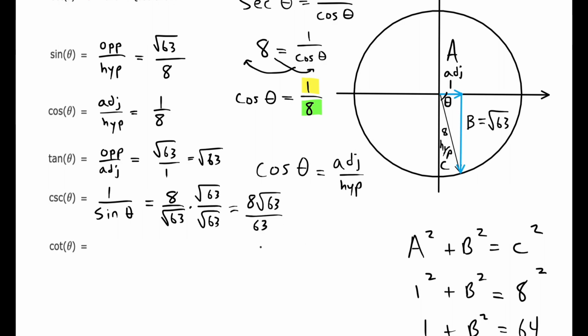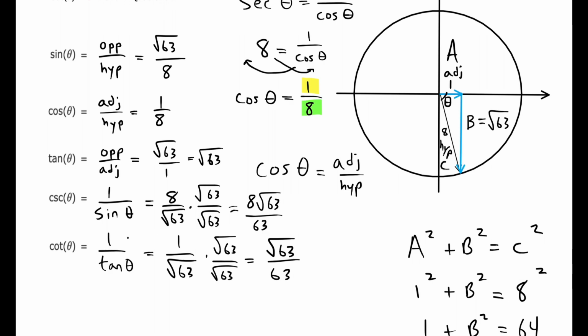So I get that for cosecant. And for cotangent, it's 1 over the tangent of theta, so we'll flip the tangent and make that 1 over radical 63. I'm going to rationalize that though and get radical 63 over 63.